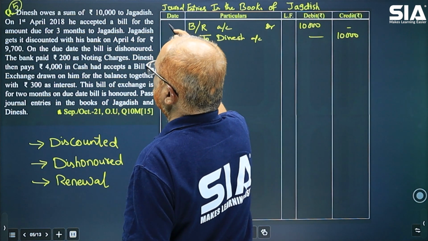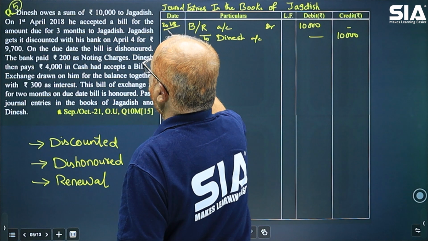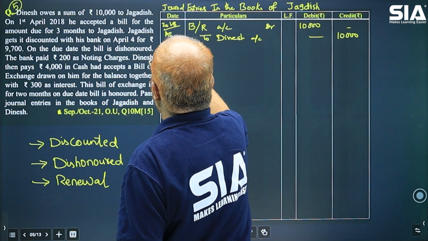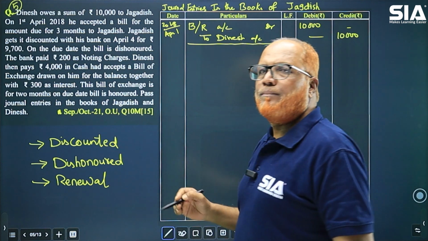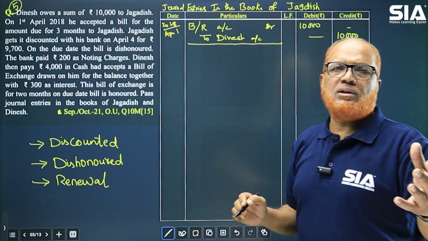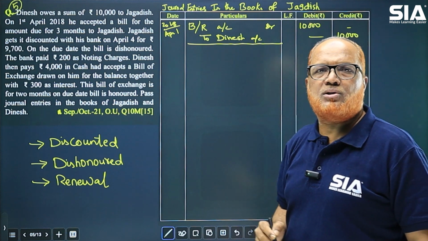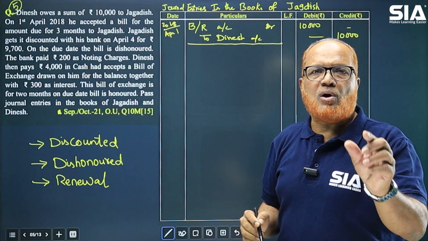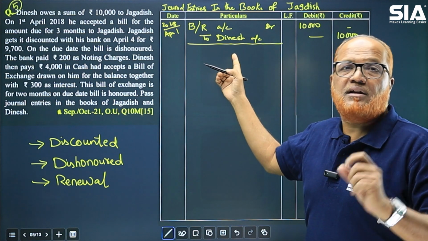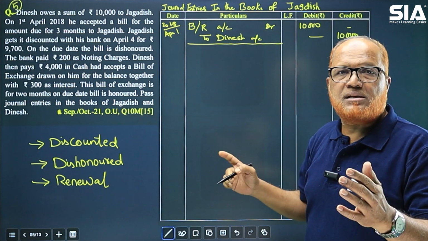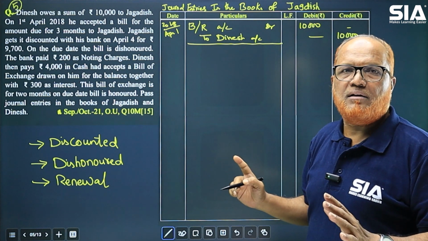This is the date, 2018, April 1st. Now, again I repeat, a bill is drawn on Dinesh. Entry will be bills receivable account debit to Dinesh account. Being the acceptance of Dinesh received, narration. I'm not writing here, but you must write in examination. Being the acceptance of Dinesh received, that is the narration.